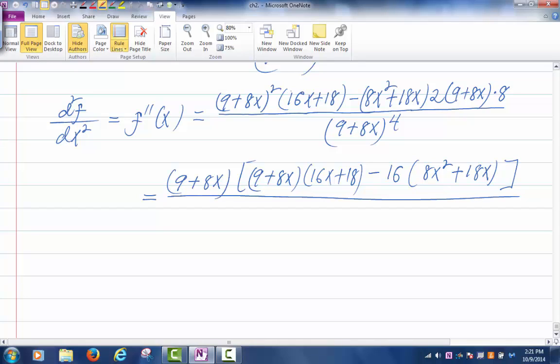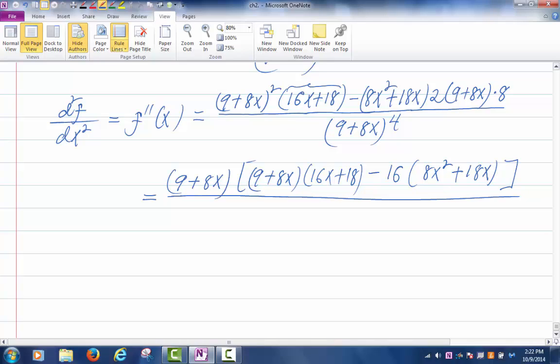What he is saying is that the 16x plus 8 that you have there is twice 9 plus 8x. However, you can still just factor out 9 plus 8x, because you don't have a 9 plus 8x squared in both terms. Whatever you're factoring out, you must have it in both terms.